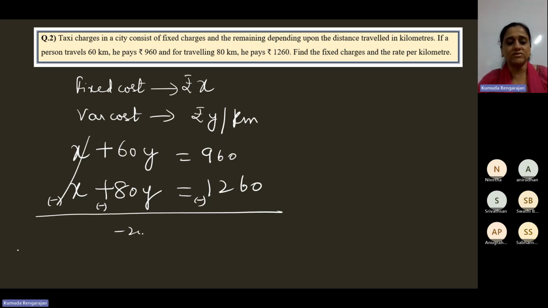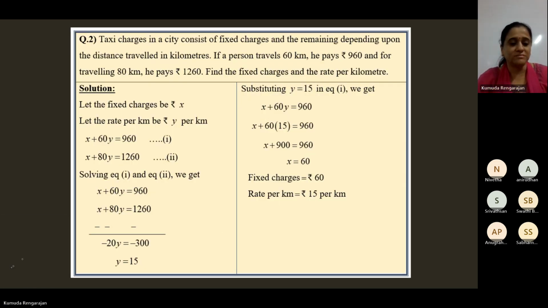So on solving, minus 25Y is equal to minus 300. So Y is equal to 15. That means the charge per kilometer is 15 rupees. Then you substitute in one of the two equations to find the value of X. That's 60 rupees.